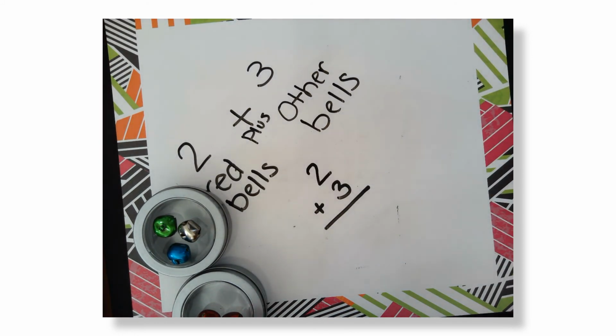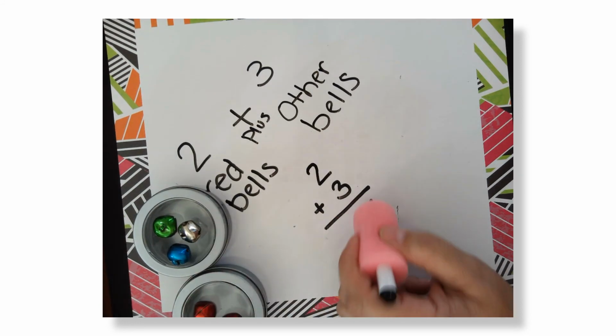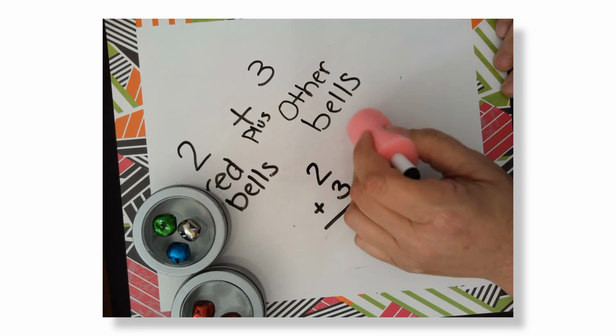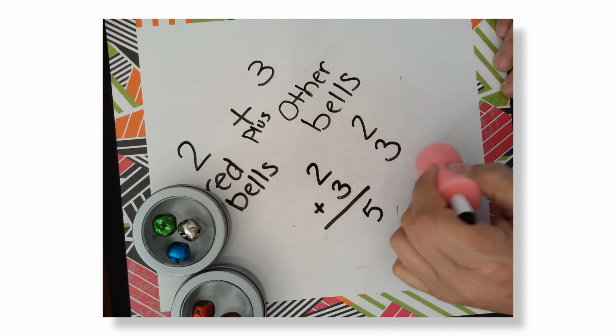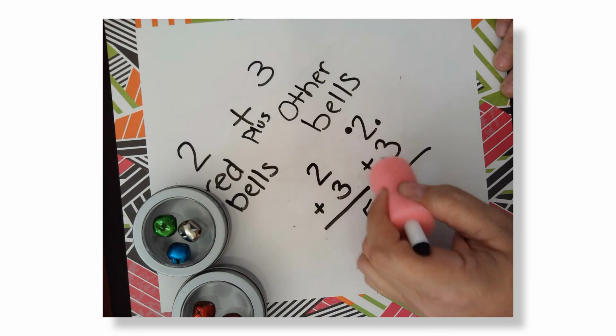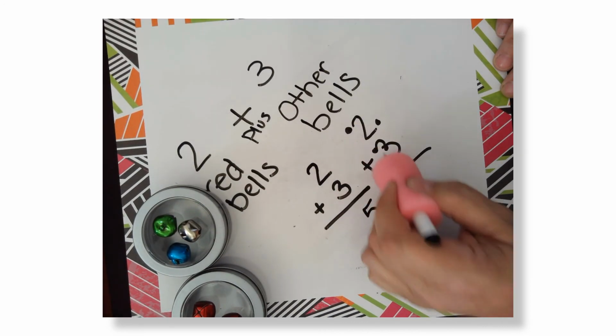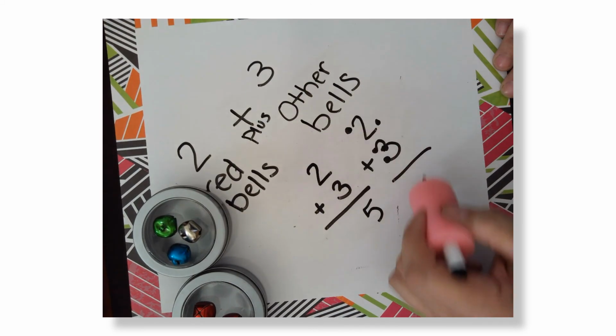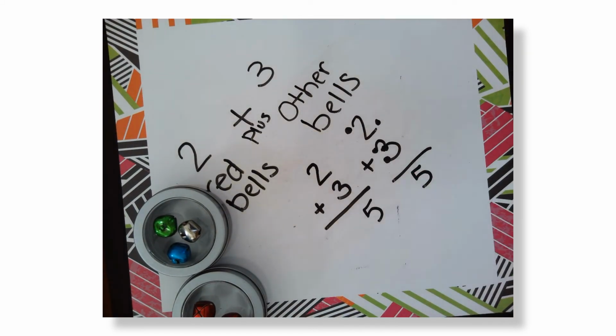So there's 2 red, 1, 2, 3, 4, 5. There's 5. I might even do math this way. 1, 2, 1, 2, 3, give them the dots. And then they can count up the dots and have it come to 5.